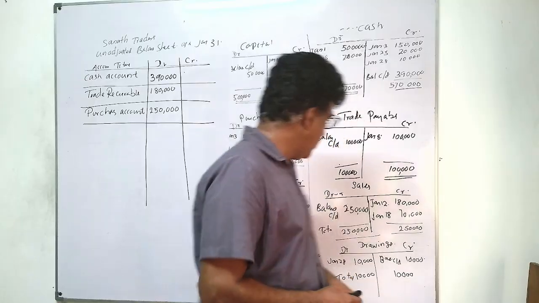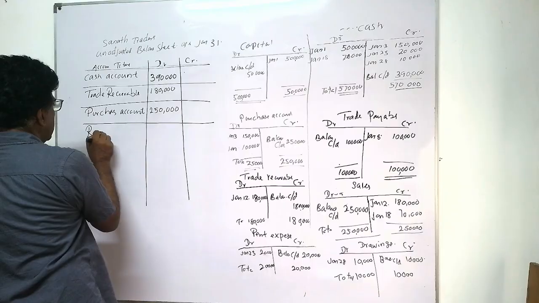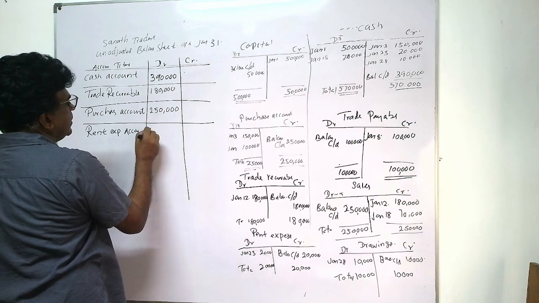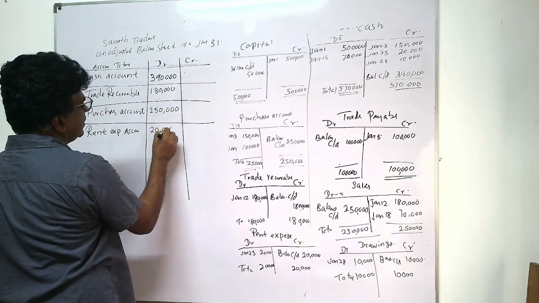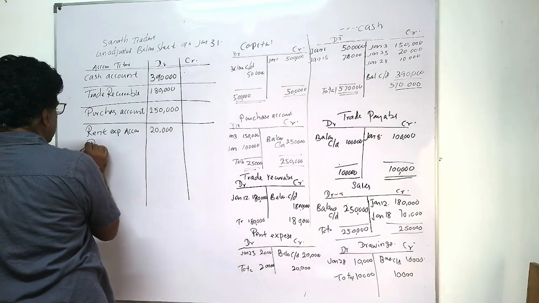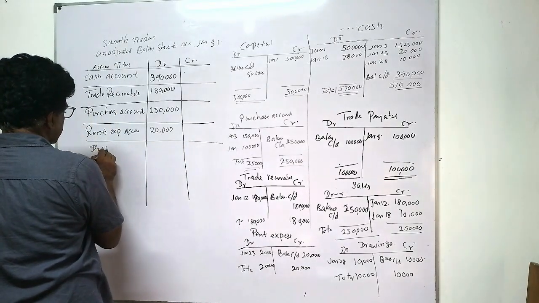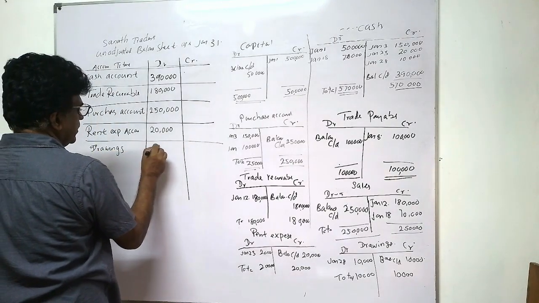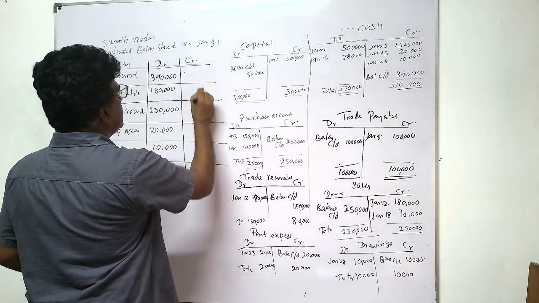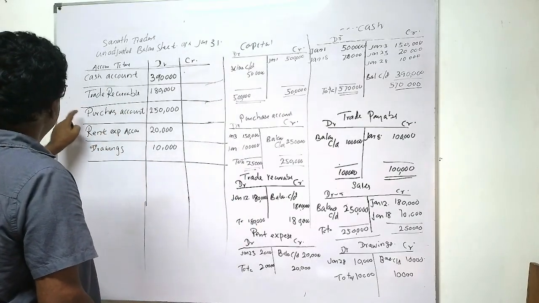Rent expense account we have 20,000. And the drawings account we have another 10,000.